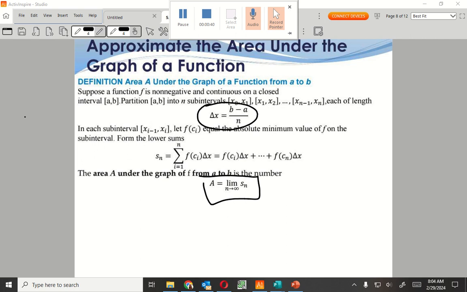So that's where we get this whole thing. We actually haven't talked about integrals yet, but we will. It's the function times delta x, which is the width of each one of the rectangles, and the area under the graph could also be in this form: the limit of the sum of the parts as n goes to infinity.